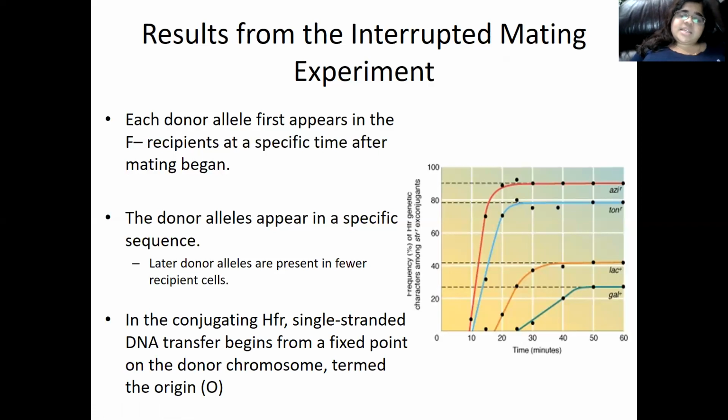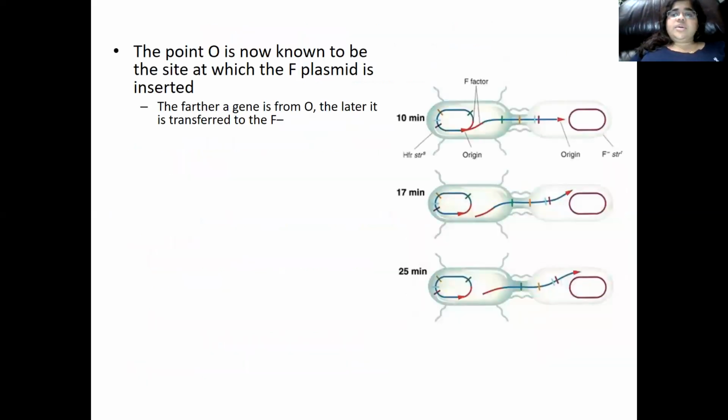In this case, it always starts off from a fixed point, which is termed the origin. The origin goes in first and then everything else follows. The origin is known as the site where the plasmid is inserted. The farther a gene is from the origin, the later it gets in.